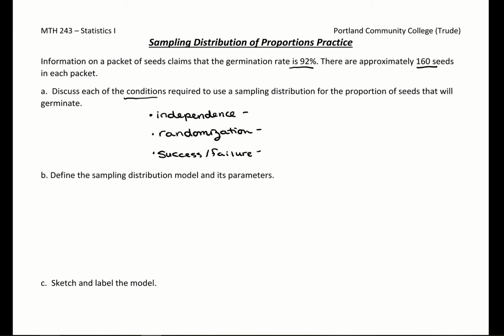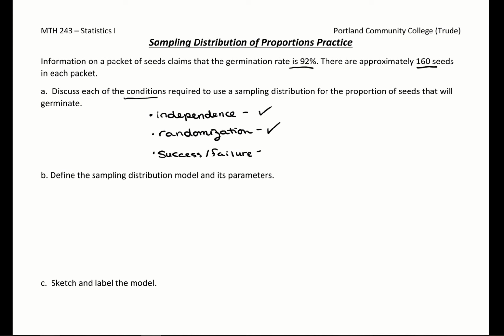We'll just go ahead and assume we're good here. Randomization, they don't say it's a random sample, but we'll assume that when you put together 160 seeds, it's from a random bunch of 160 seeds. So we'll say those are both okay based on our assumptions.